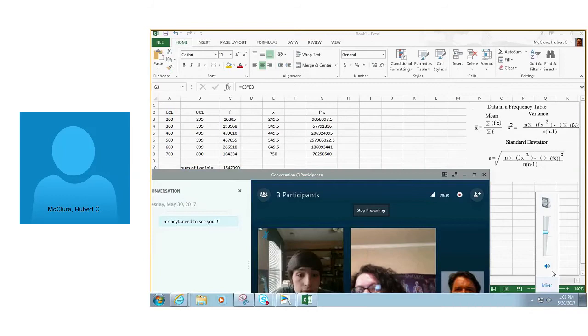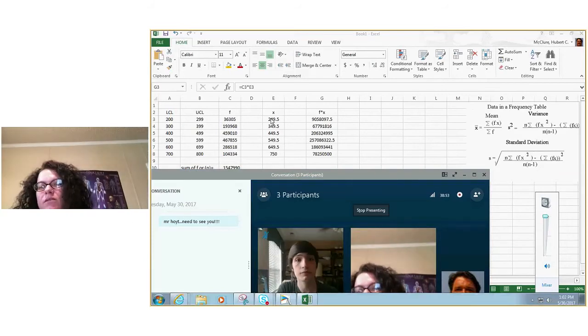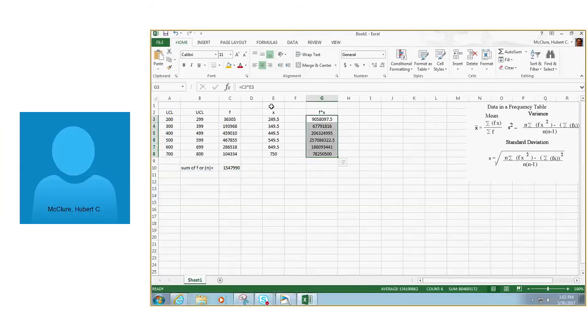I missed how we got 249.5 for X. Okay, that's the midpoint. I'll put it down here. Midpoint is equal to the lower class limit, that's the number on the left, the 200, plus the upper class limit, which is the 299, and you divide that by 2.